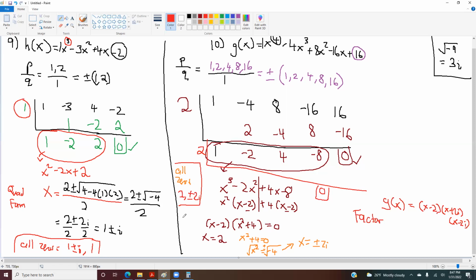And because the 2 came up twice, this x minus 2 has to be squared. This is what the factored form is in this case, just like what we did last time, just change your sign. The only thing I want to point out here is this x minus 2 has to be squared because it has a multiplicity of 2. Now, do you guys still remember what happens in the graph if you have a multiplicity that is even?